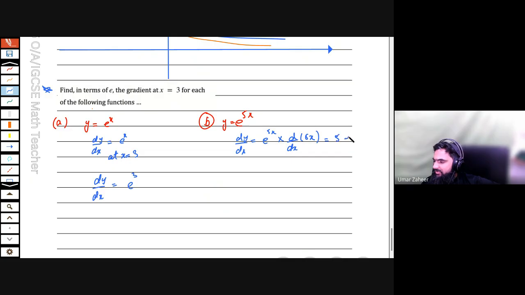So 5 e power 5x. Now at x is equal to 3, we get the derivative dy by dx is equal to 5 e power 5 into 3. That will be 5 into e power 15. So this is how we have to find. Let me do one more.